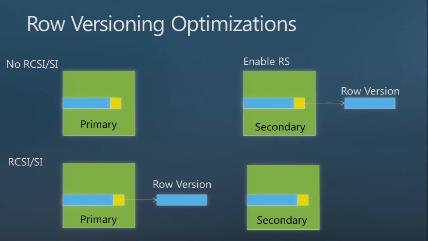Now, if at this time I enable readable secondary, after it has been enabled for read workload, the redo thread on the secondary will start generating row versions, because now it needs those row versions to process the snapshot isolation queries that will be done on the secondary replica. So that's pretty much the impact of enabling readable secondary and the impact of mapping all isolation levels to snapshot isolation.